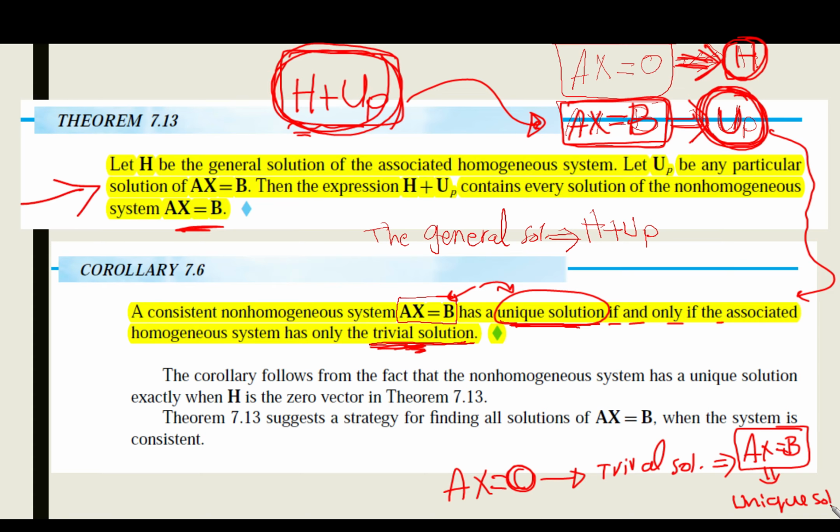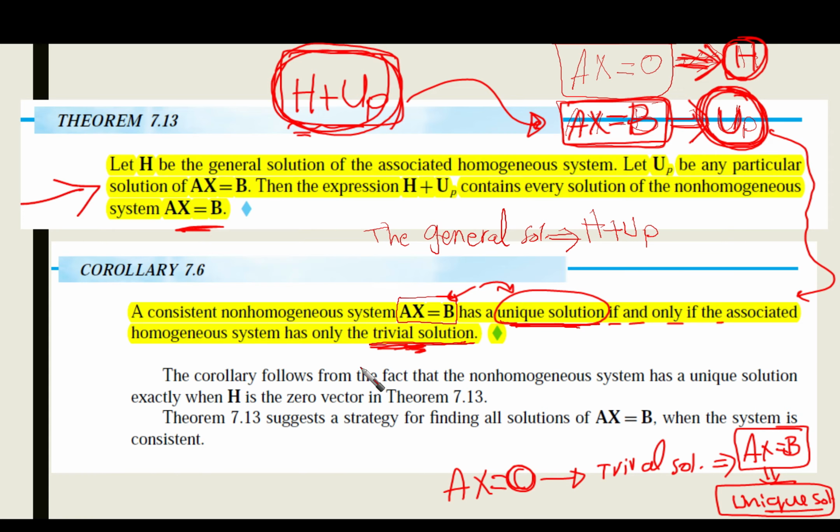Unique solution means there is only one solution for the system. There is no general solution like this. It is only a unique solution. So a consistent system AX equal B has a unique solution if and only if the associated homogeneous system has only the trivial solution.